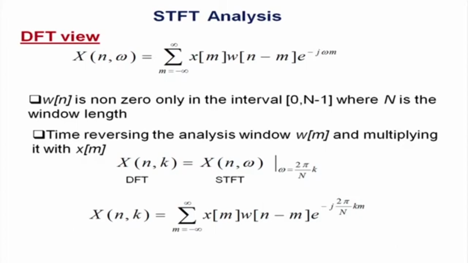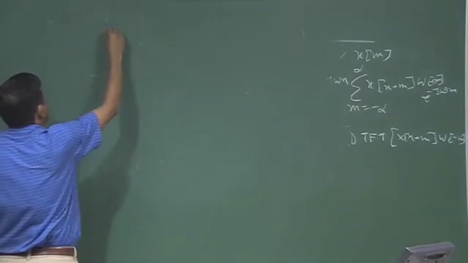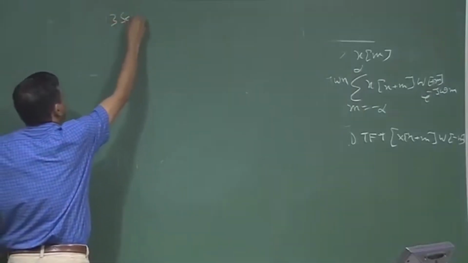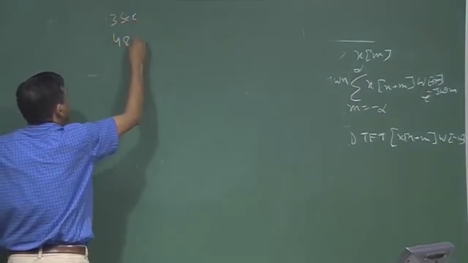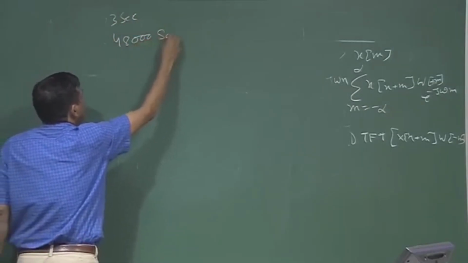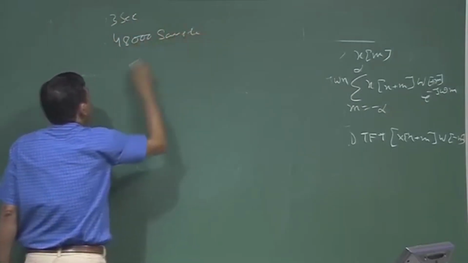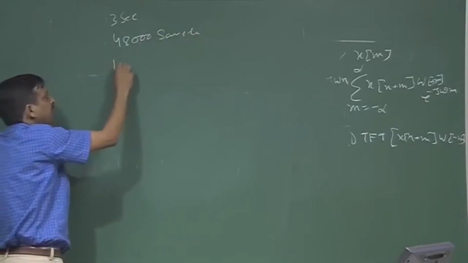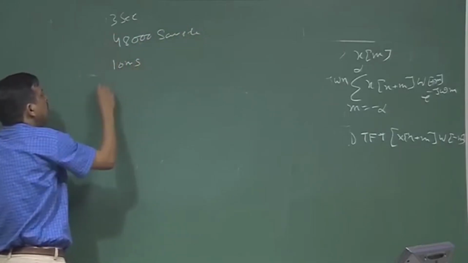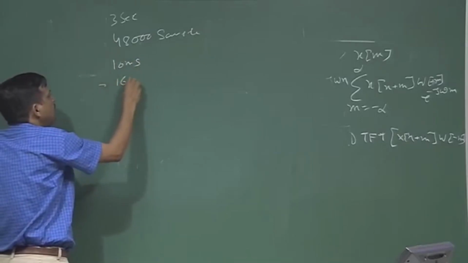In the example I have given, I have a 3-second recording, so 48000 samples. Let us take a 10 millisecond window, which means 160 samples.